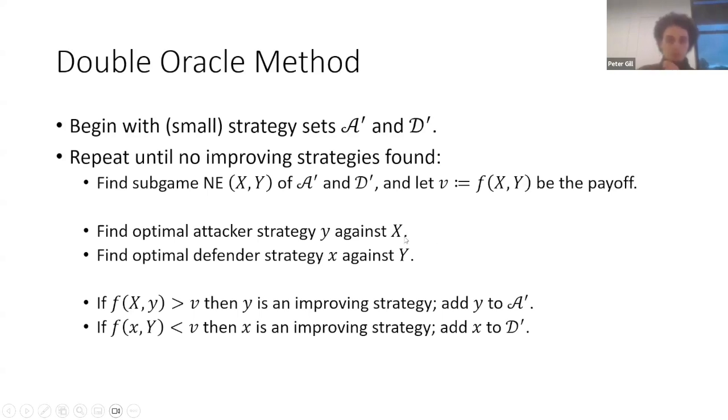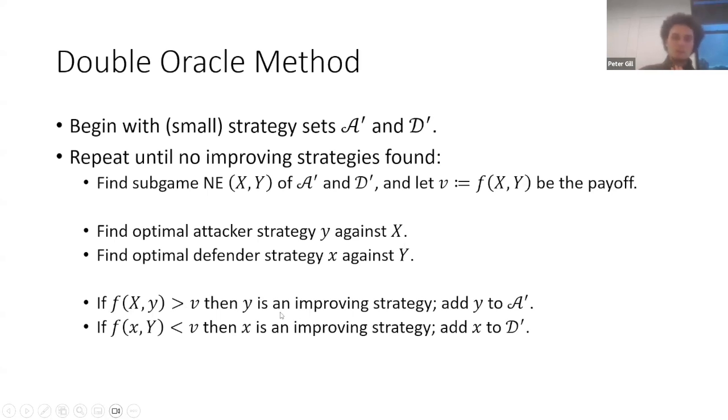And then the meat of the double oracle is in these two oracles here. So finding an optimal attacker strategy against the current best mixed strategy, and then finding an optimal defender strategy against the corresponding Y there. So this is where the hard stuff is.